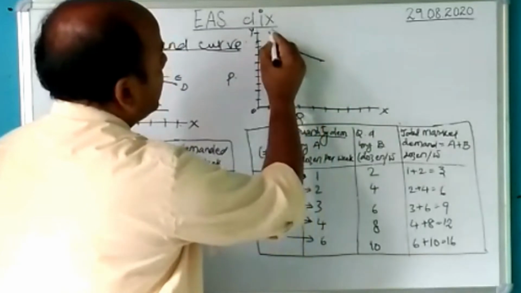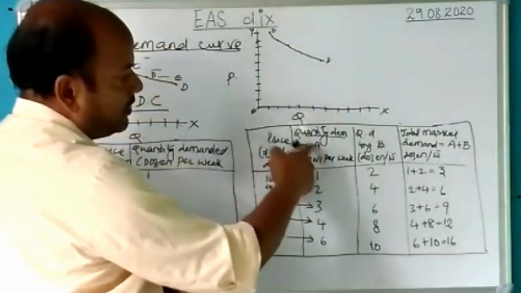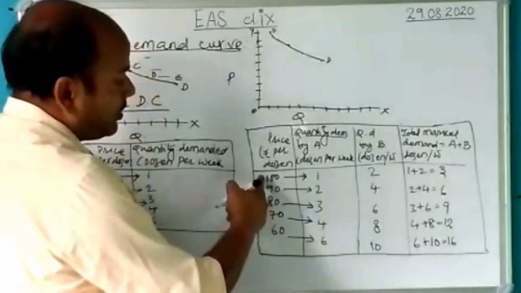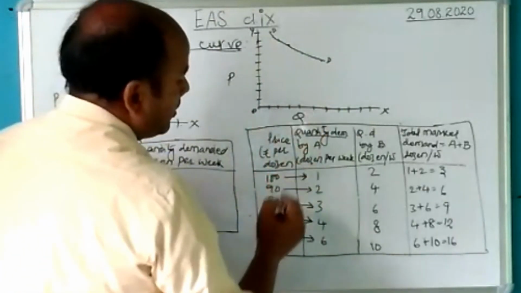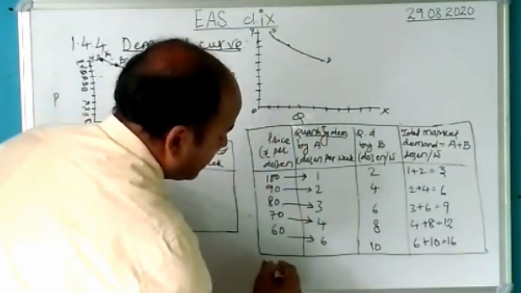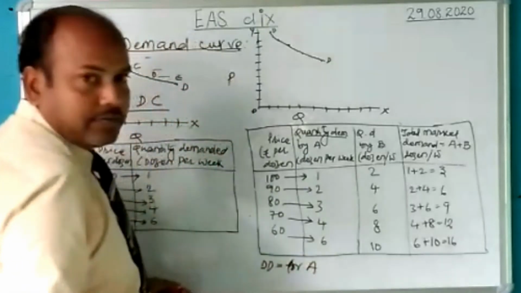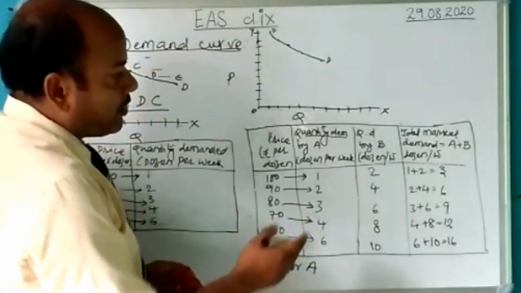This is the demand curve DD for consumer A. Here you can write DD for A.